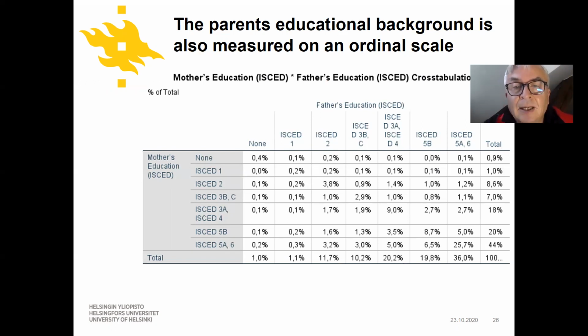What can we see here? If we look more closely at this, we can see that there's kind of a diagonal here. The fathers and the mothers of the same educational level, that cell on that row is the biggest one. Always, but mainly.